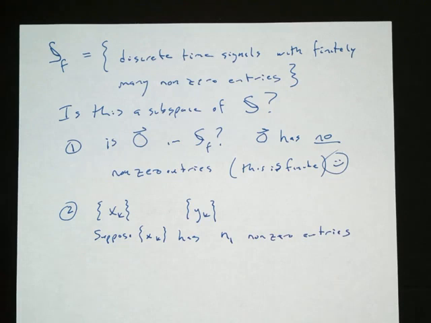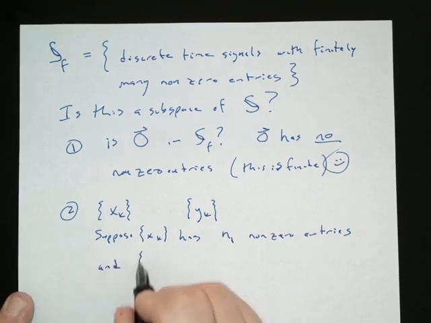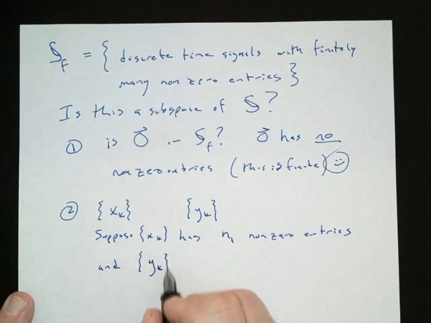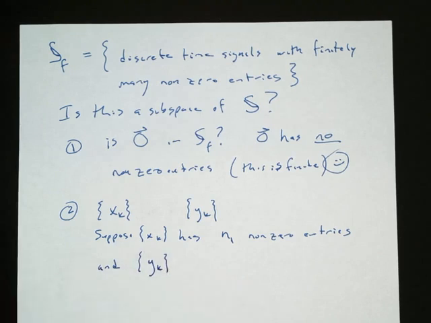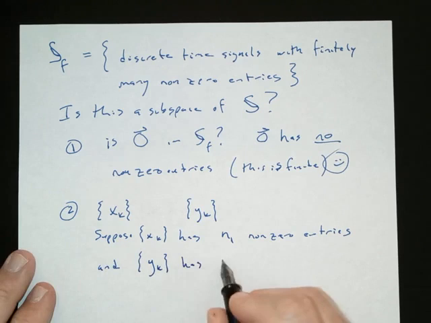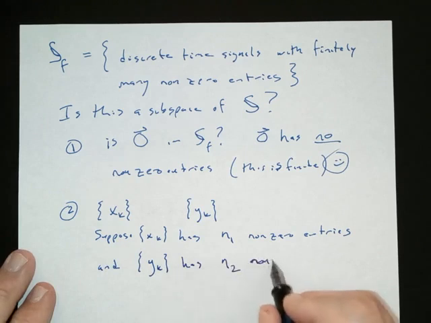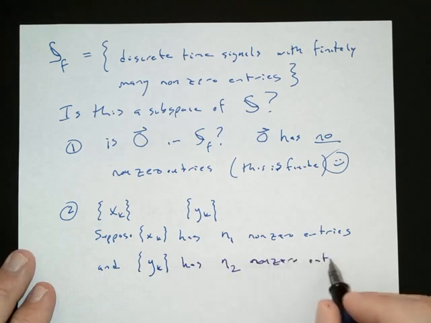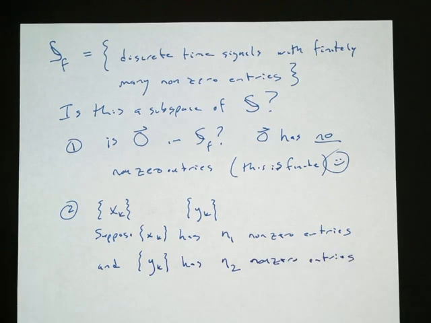It could be 2, it could be 143, it could be 7,826. I don't care. What about yk, what do I know? I don't know that it's the same as xk. All I do know is that it has some number of non-zero entries, and all I know about those two numbers is that they're finite.